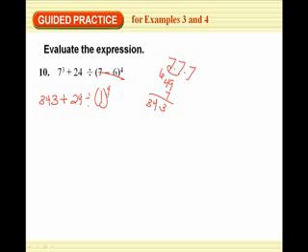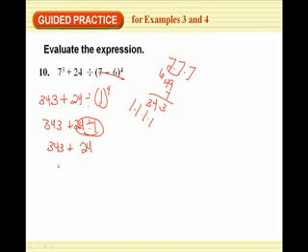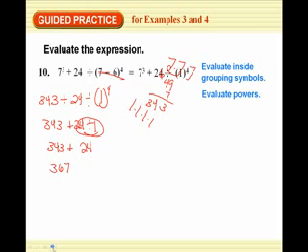Plus 24 divided by 1 to the 4th is 1 times 1 times 1 times 1. Remember, 1 to any power is 1. So that's just going to be 343 plus 24 divided by 1. Do that first, which is 24. And you add 343. I get 367. Ooh, those numbers are getting big, aren't they?